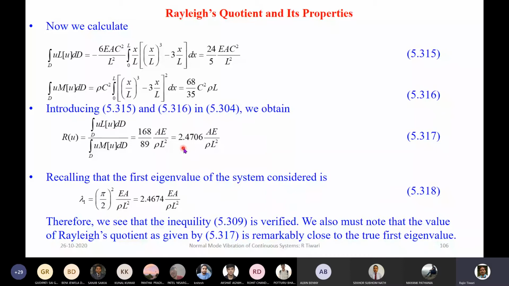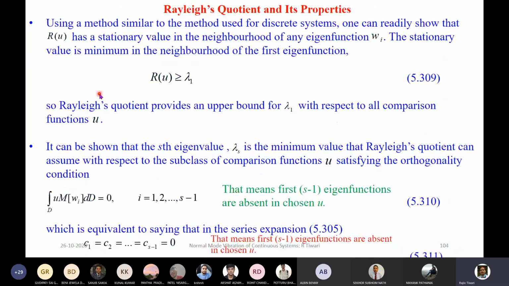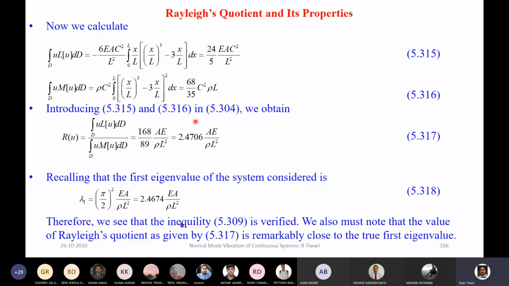But if you compare, the Rayleigh's quotient is higher than the actual one. So the condition we were discussing, that the Rayleigh's quotient gives a value equal to or greater than the first natural frequency, is satisfied here. While obtaining this, we have not solved the eigenvalue problem.